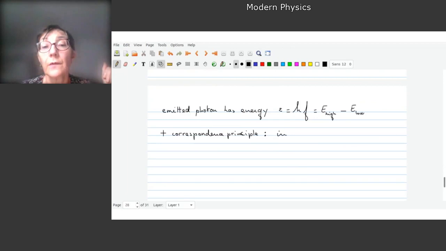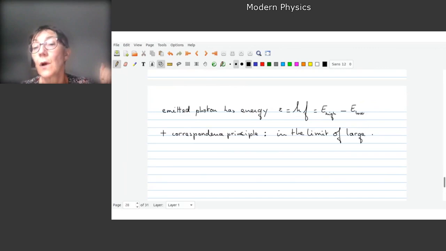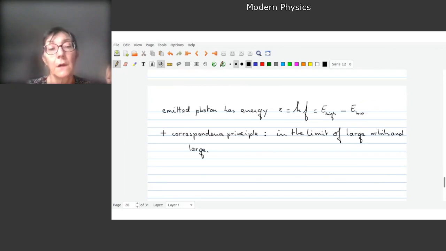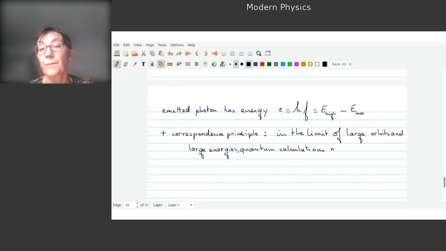I will write it here: in the limit of large orbits and large energies, quantum calculations must agree with classical calculations.